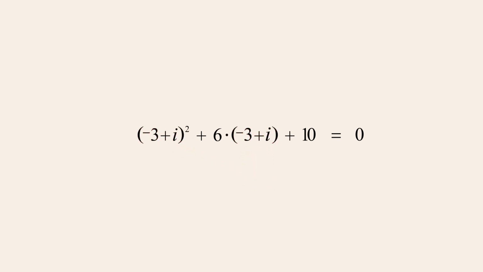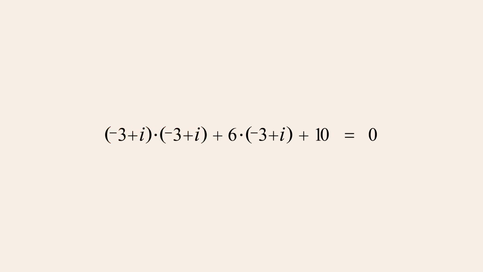To square -3 plus i, we write it as (-3 plus i) times (-3 plus i), and then multiply using the distributive property. -3 times -3 is 9, and -3 times i is -3i. i times -3 is negative 3i. And i times i is i squared, or negative 1.